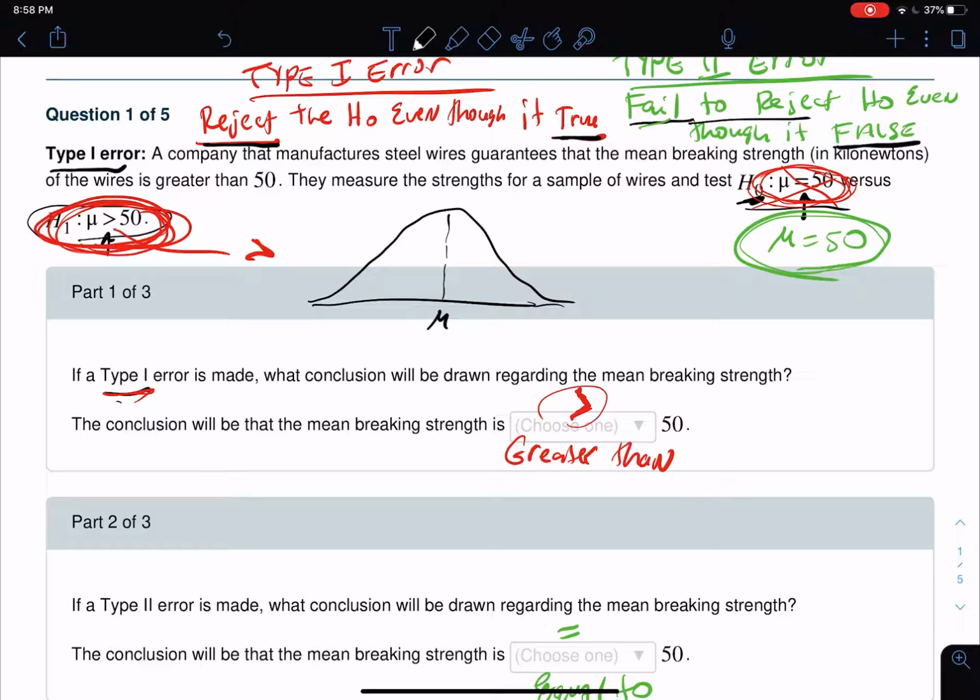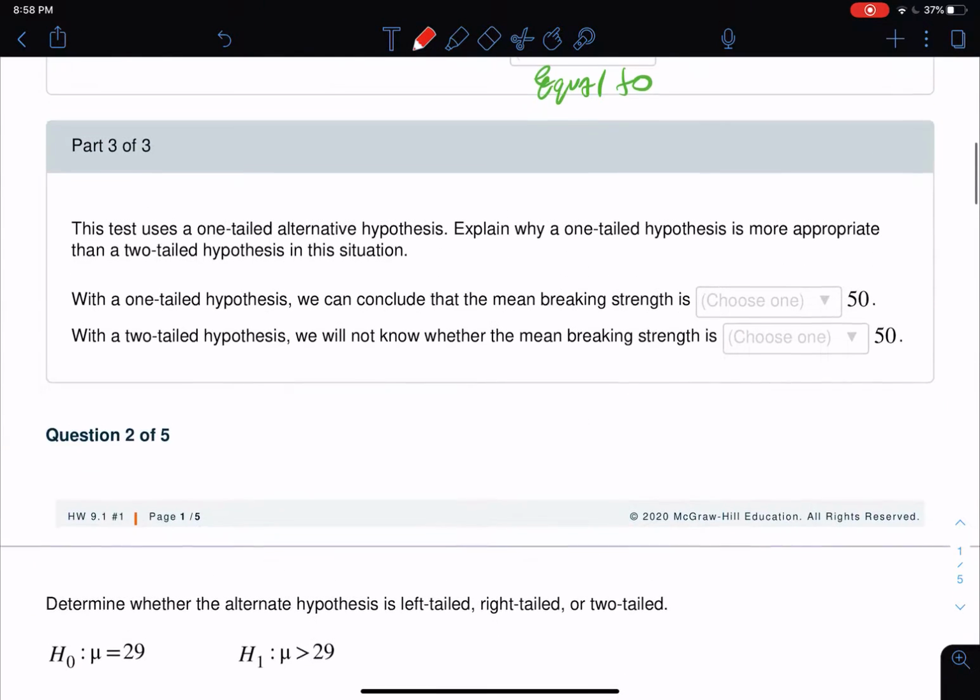When you do your sampling, if it's somewhere in here and reasonably close to mu, I'm going to accept that null hypothesis, that the mean is equal to 50. However, if it gets way up into this unusual region, I'm going to reject it. So that's why a right-tailed test is appropriate for this problem. That's kind of what they're asking.